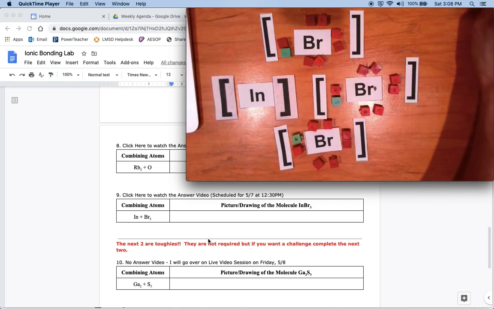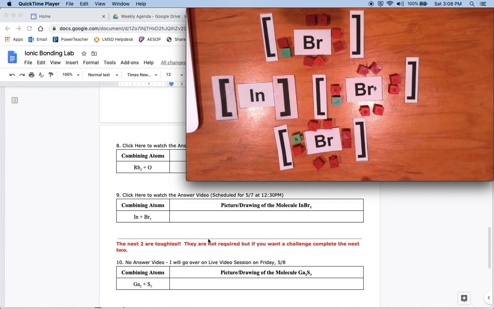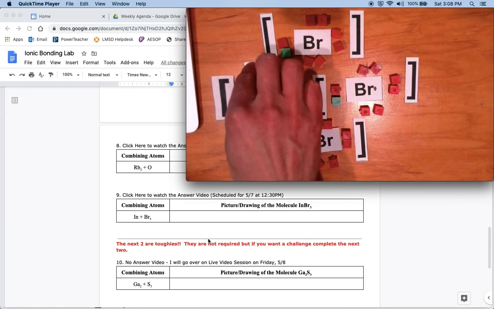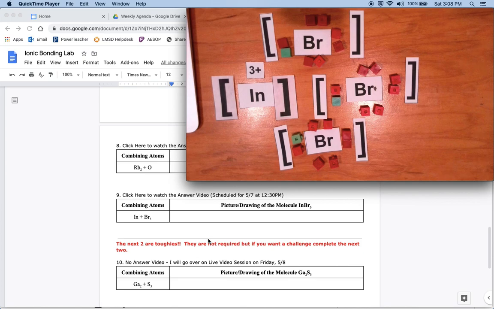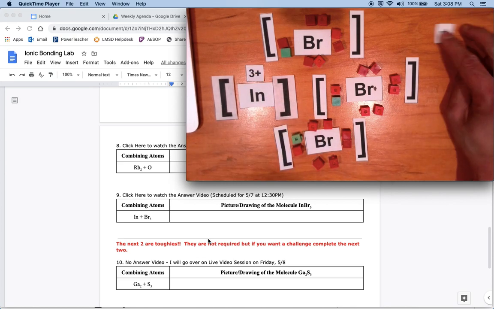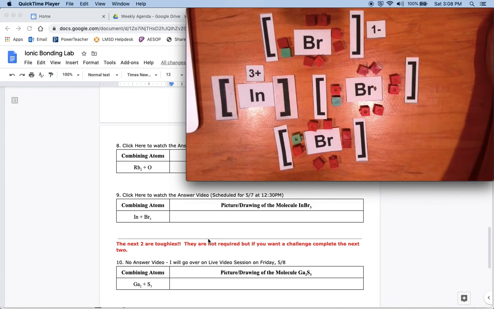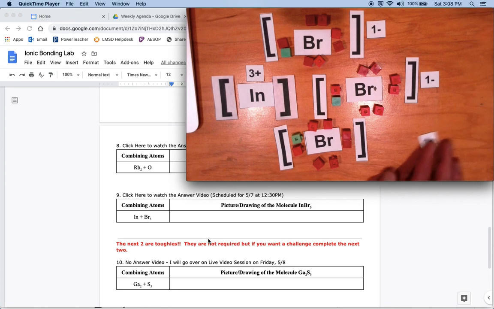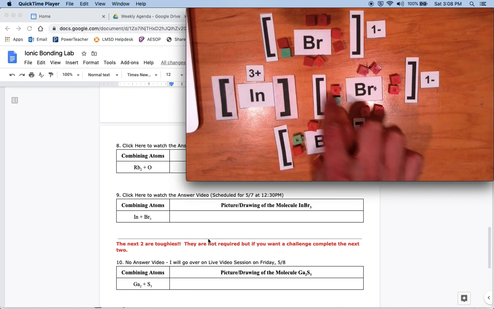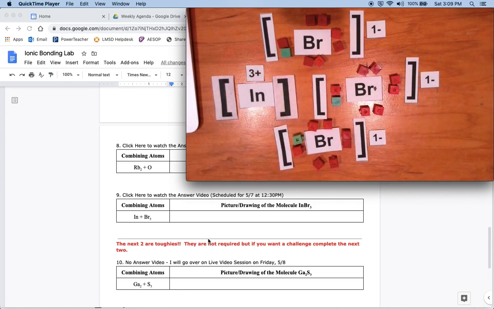So indium right here lost 3 electrons, and I'm going to put this up top so that you can see which one's which. It's a 3 plus charge because it now has 3 more protons than electrons. And then each one of these bromines, I'm going to put this one next to it so you can see, has a 1 minus charge because they have 1 more electron than they do protons.